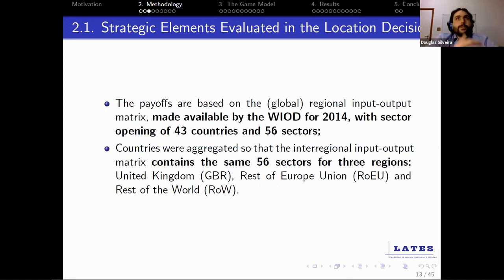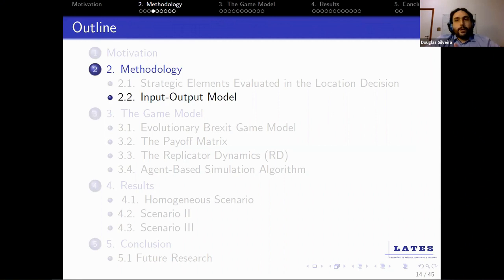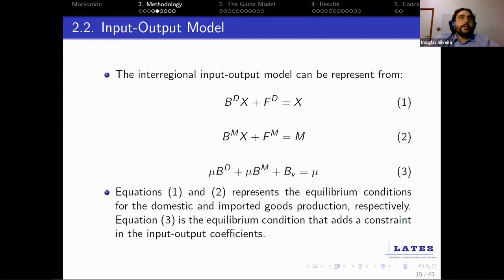Countries here were aggregated so that the interregional input-output matrix contains the same 56 sectors for three regions: the United Kingdom, which also includes Great Britain, the rest of the European Union, and the rest of the world. That's how we divided our database in order to build the payoff structure of the game.